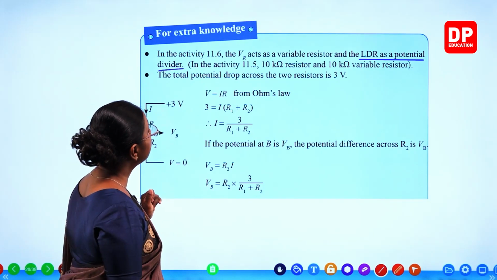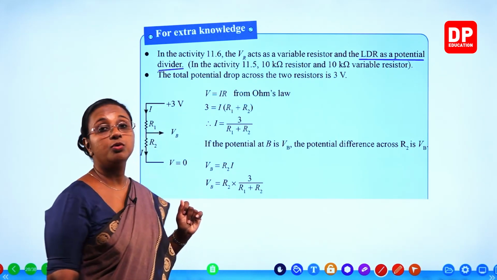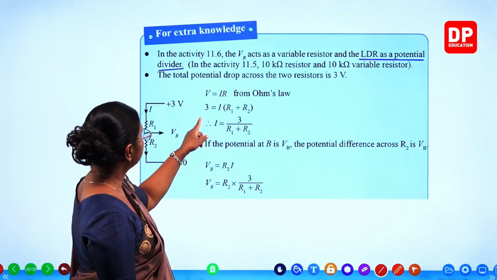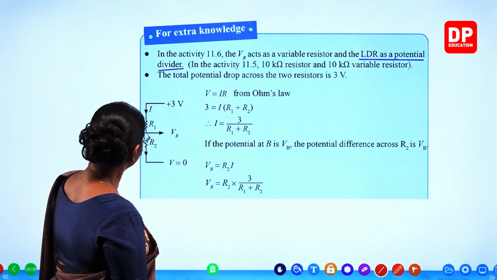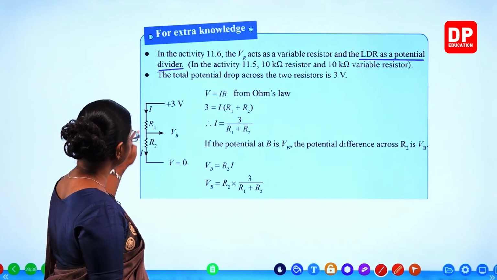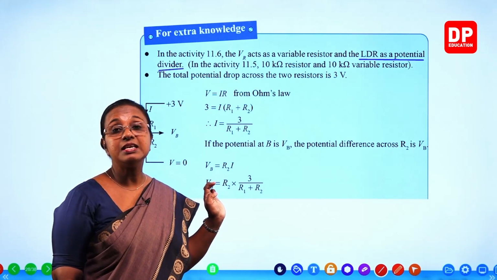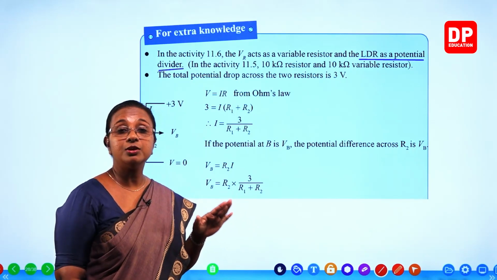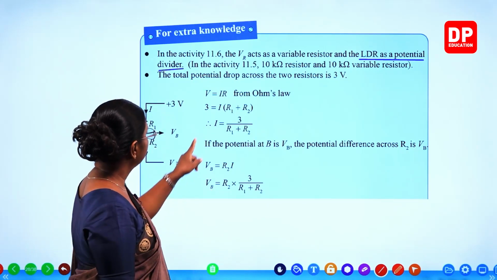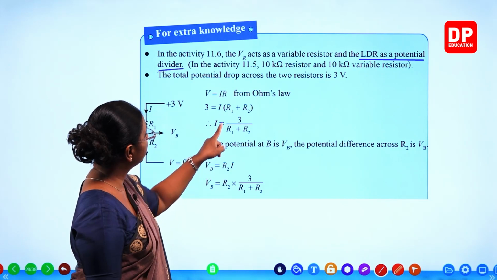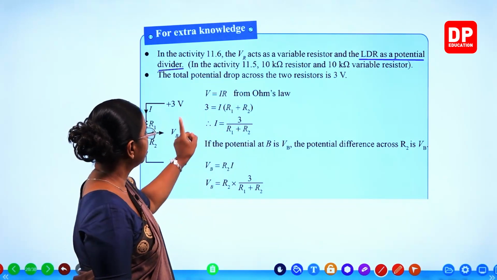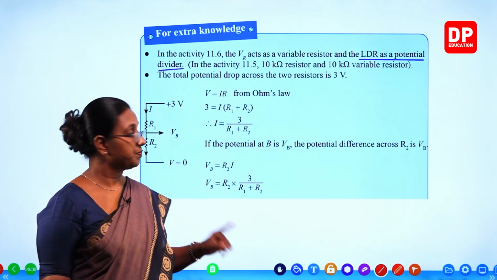From Ohm's law, V equals IR, so 3 volts equals I times the resistance. Both resistors are connected in series, so R1 plus R2 is the equivalent resistance. Therefore, I is equal to 3 divided by R1 plus R2 when you rearrange the equation.